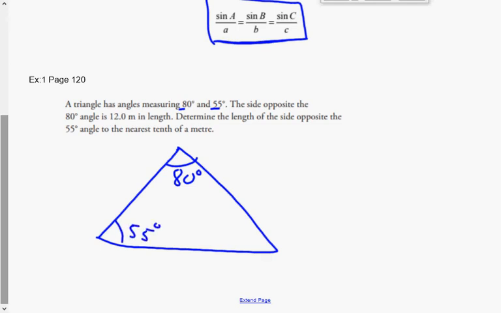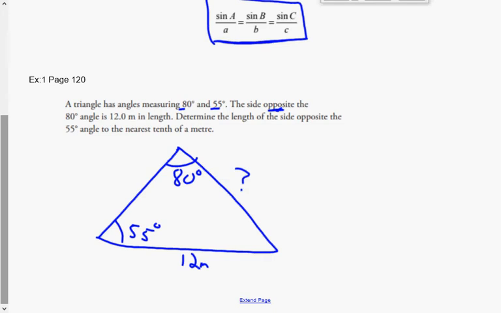The other one's 55. Now the side opposite the 80-degree angle is 12 meters in length. Now we want to determine the length of the side opposite the 55-degree angle. So we want to find this side here.